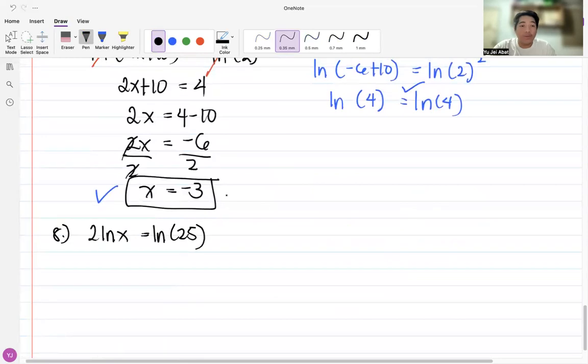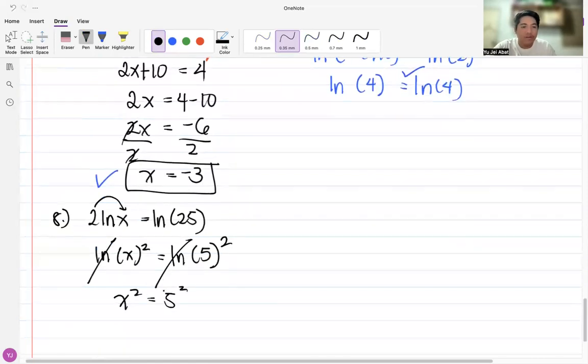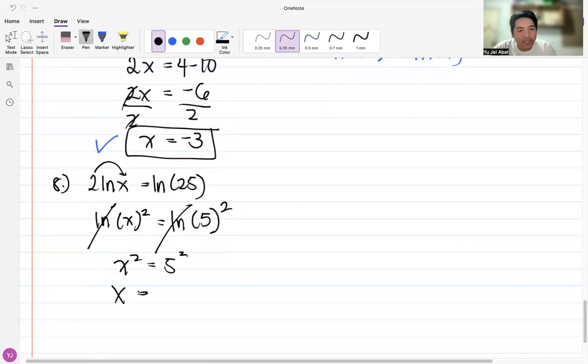How do we do this? That would be ln of x squared, since I put the 2 on the exponent, and I have to transform 25 into 5 squared. Okay, so the ln cancels. I have x squared, I have 5 squared, meaning x squared equals 25.